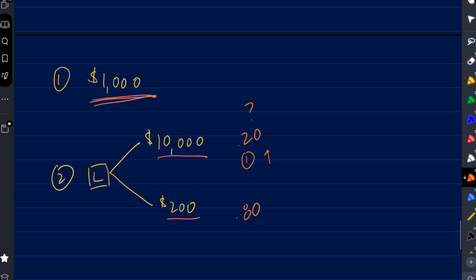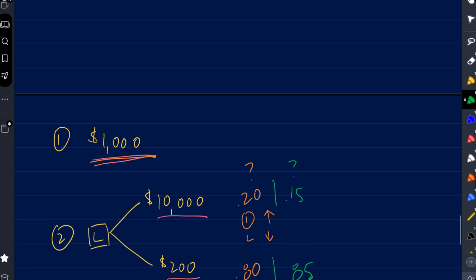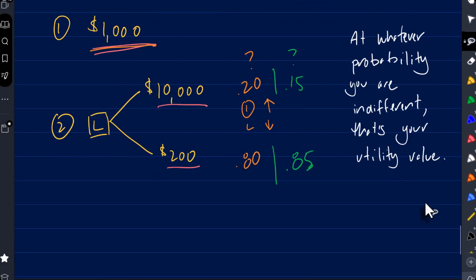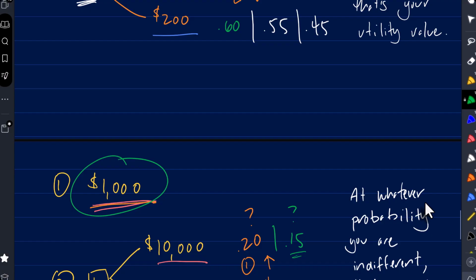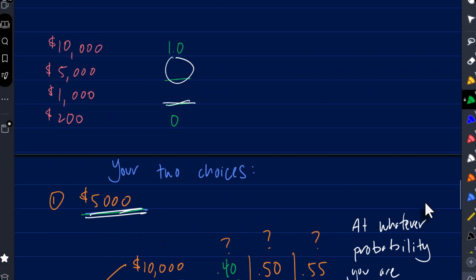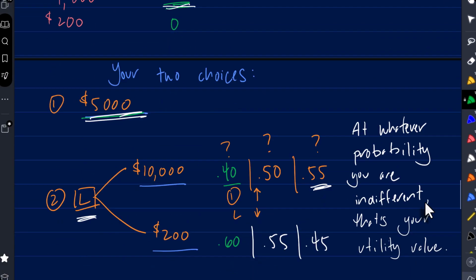Then that means that the probability of winning the lottery needs to be higher. If you choose the lottery, then that means the probability needs to be lower until you find that point at which you are indifferent. Okay, and then same thing. At whatever probability you are indifferent, that is the probability of winning the lottery, that's going to be the utility value for that outcome. So that number will go here.